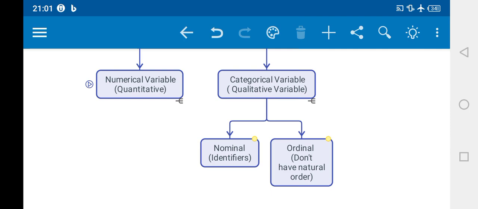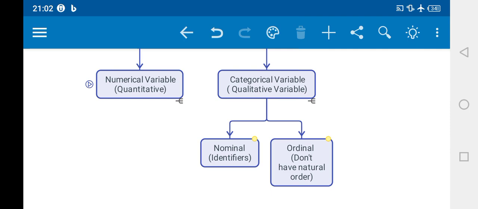So first, let me explain the nominal. A nominal variable is used as an identifier. Let's suppose, what is your name? Your name is used for your identification. Another example is house number. House number is also used for the identification of your house.